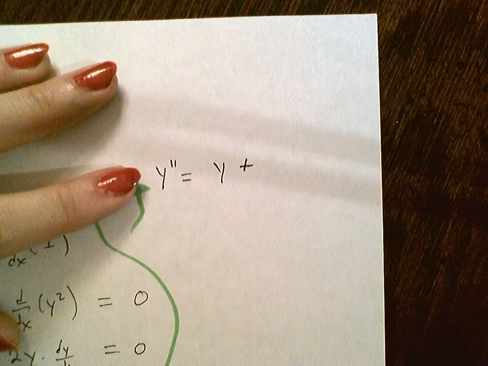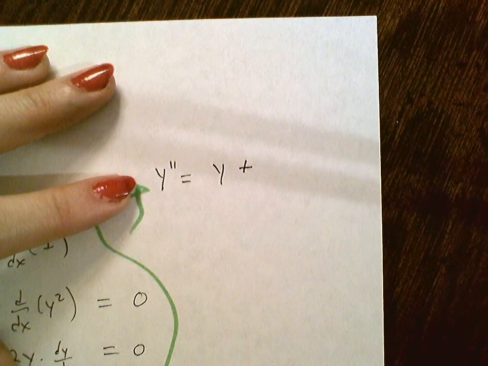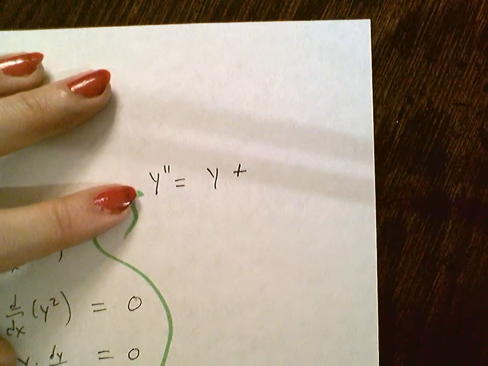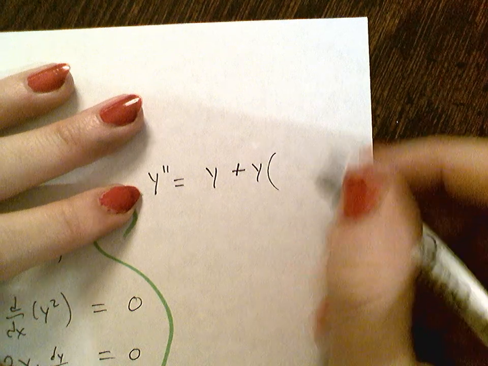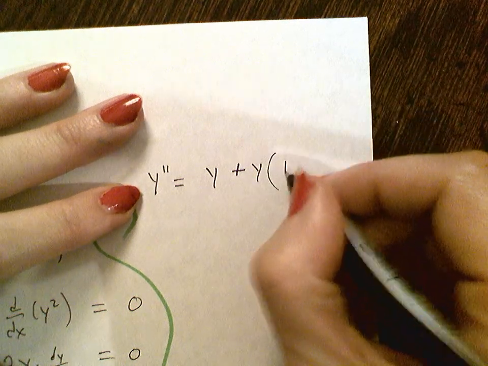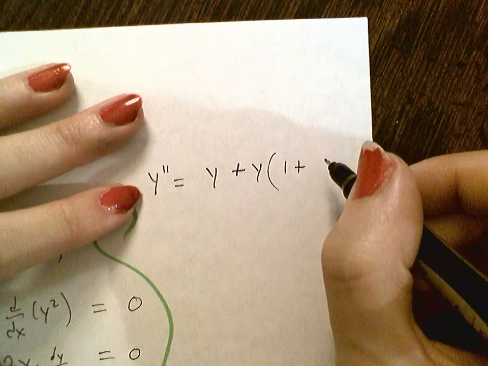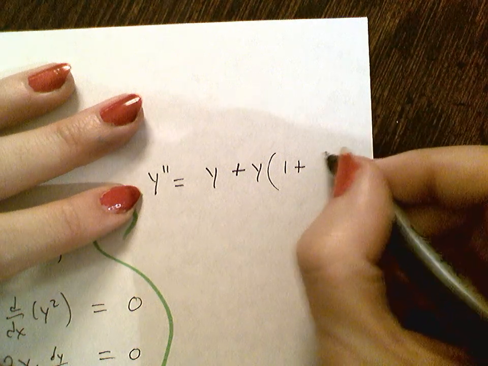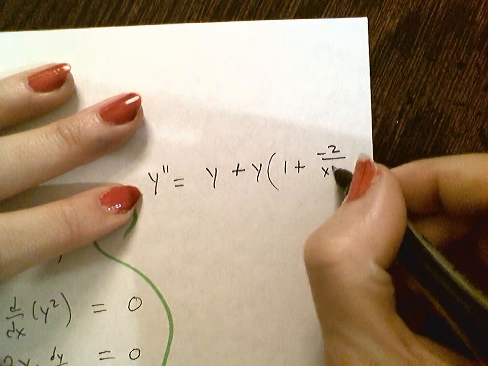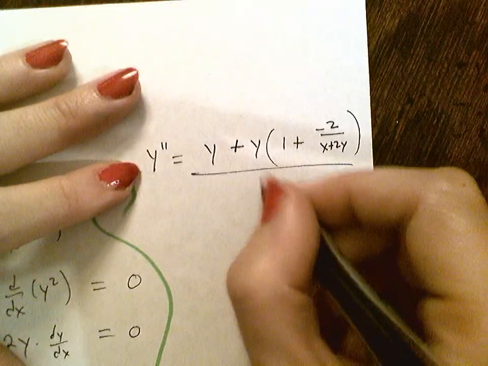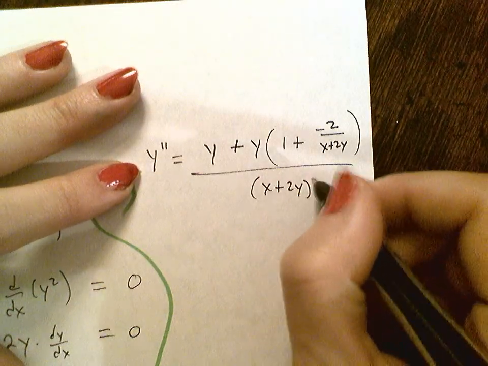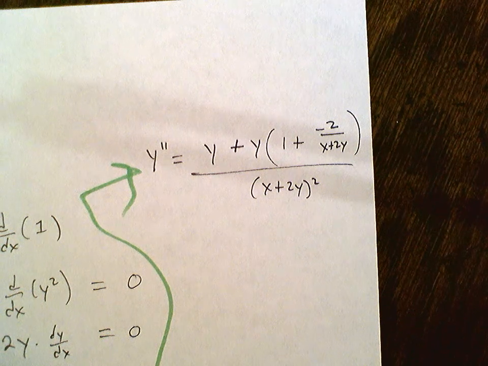Okay, so y double prime equals y plus y times 1 plus negative 2 over x plus 2y, all over x plus 2y squared. And if you want to simplify more, you can.